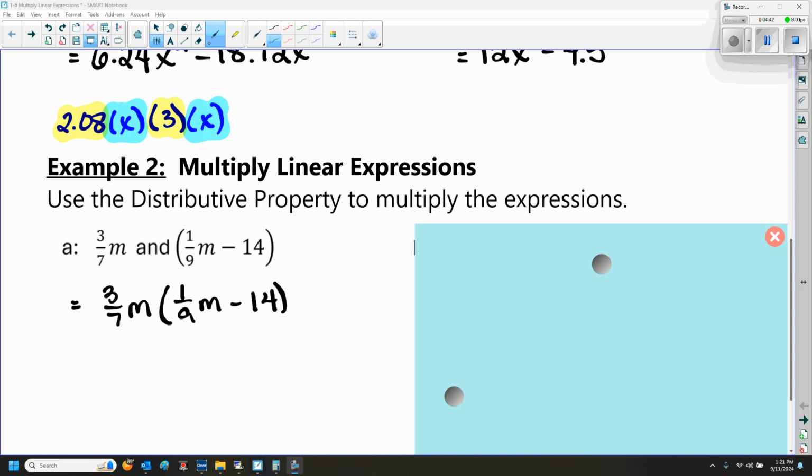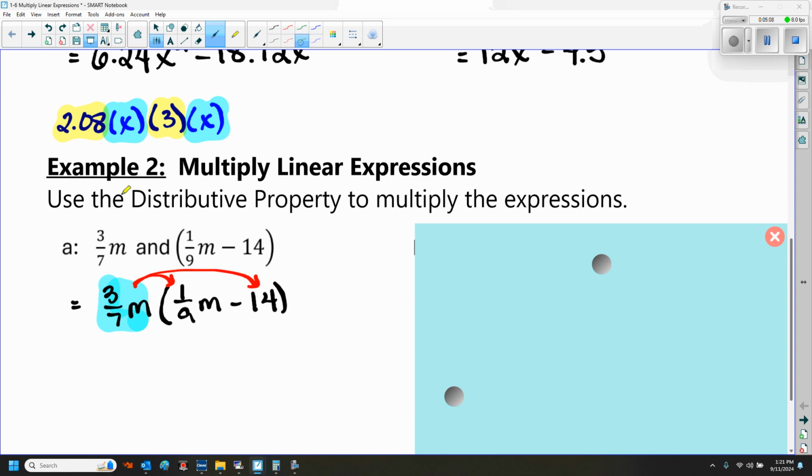Okay? All right, so here we are going to take the 3/7 m and we're going to multiply that times everything inside the parentheses. So this gets multiplied times this, and gets multiplied times that.